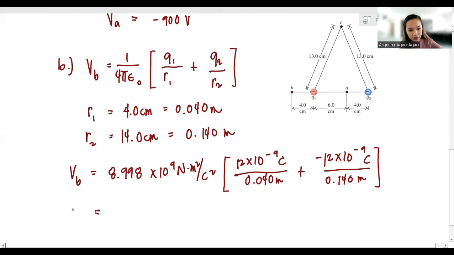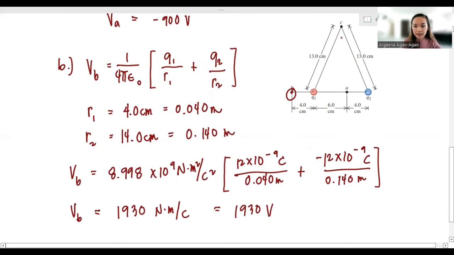So calculating this, you will obtain 1,930 newton meter per coulomb or 1,930 volts.